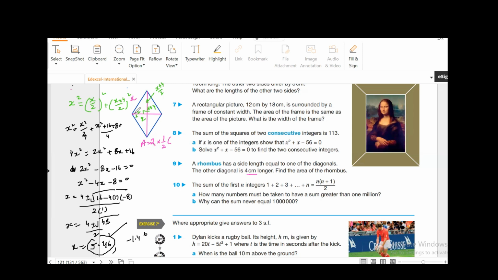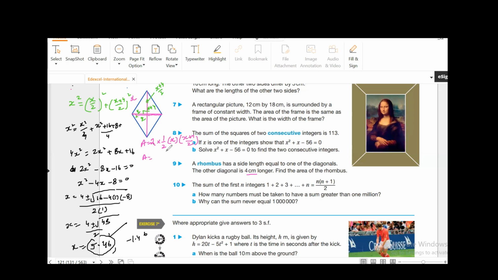Let's suppose I'm considering this as the base, okay? Then the base is x, and the height is x plus 4 in total, so x plus 4 over 2, half, I need from this point to here. And I multiply by 2 because the bottom is also the same concept.